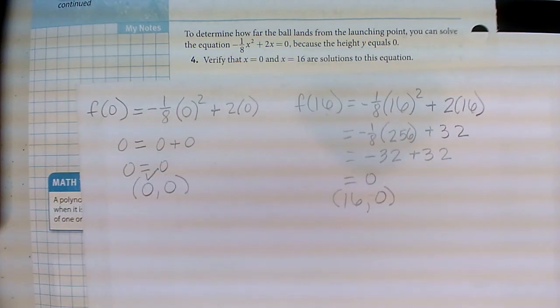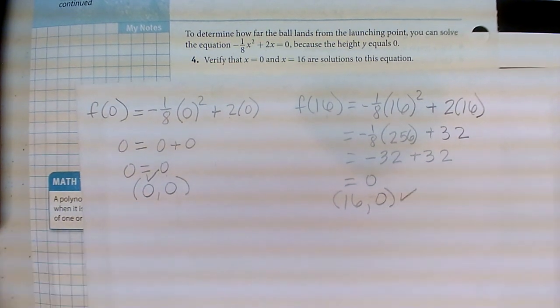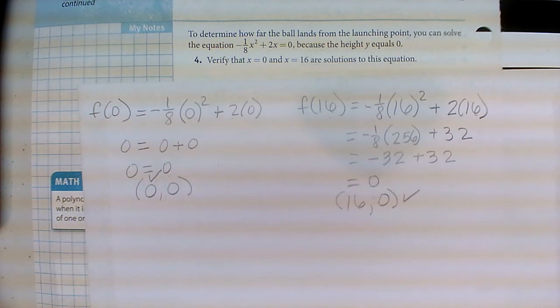So I plugged in those two values and I got the 2 ordered pairs that we were looking for to verify that those were correct. That's how you can verify: plug back in your x values and solve for your y values.